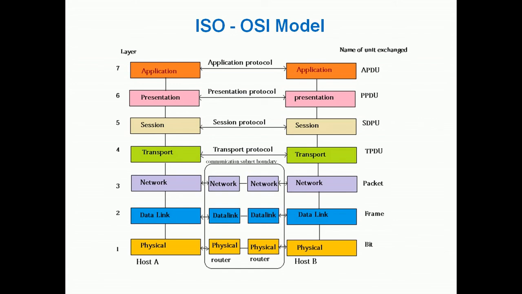So the physical layer decides how 0 is converted to a signal and how 1 is converted to a signal, how many volts are required to represent 0 and how many volts are required to represent 1.